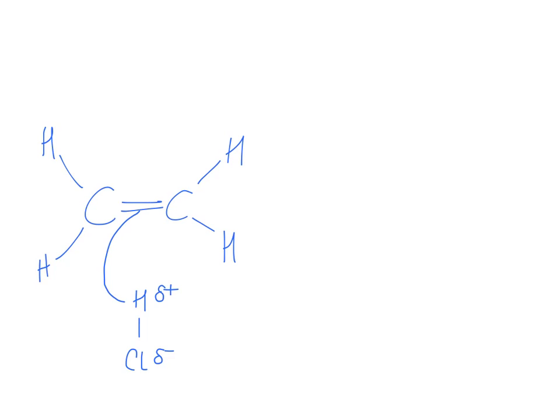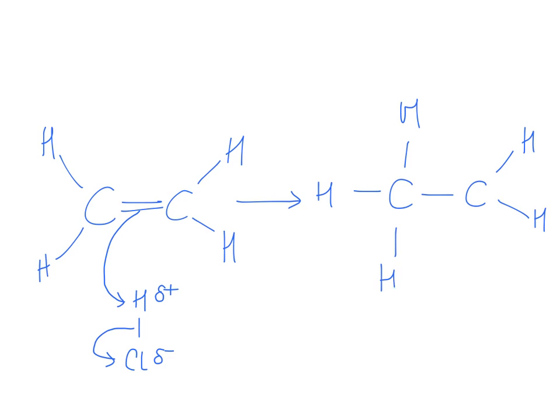A pair of electrons from the double bond come out, attack the delta plus hydrogen end of our hydrogen chloride. That bond has to then break because hydrogen can only have one bond, and so the pair of electrons go fully to the chlorine. And that gives us, so our hydrogen has now added on, formed a bond with that carbon.